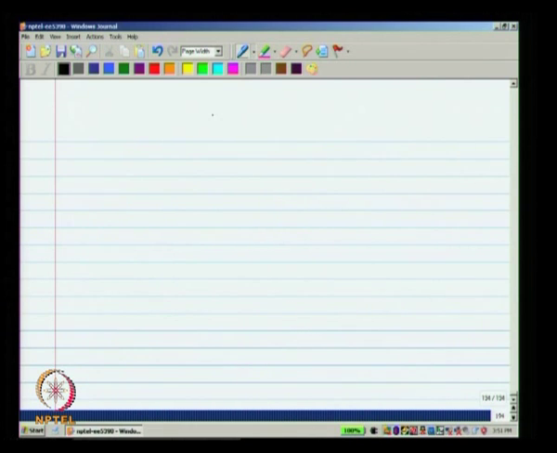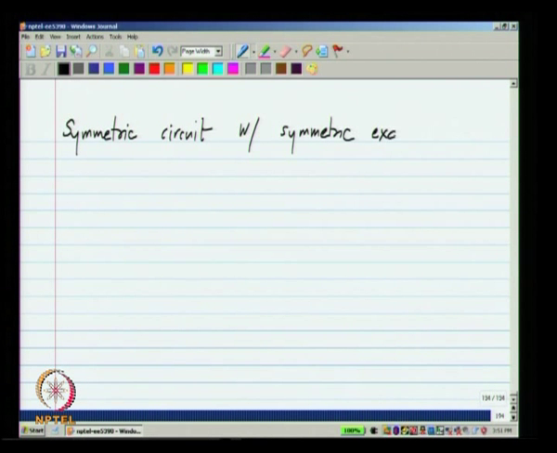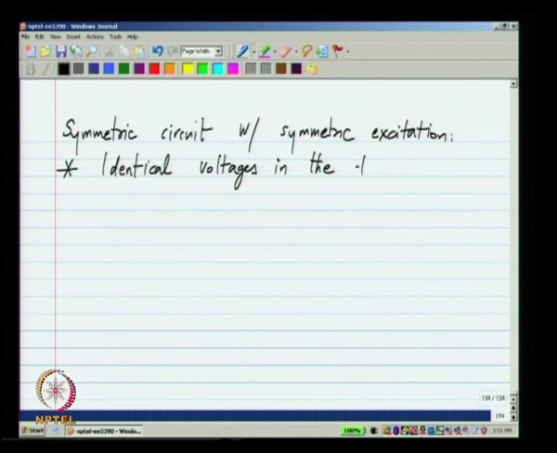Now, just a quick summary of what we did today. We will have identical voltages in the two halves of the circuit.